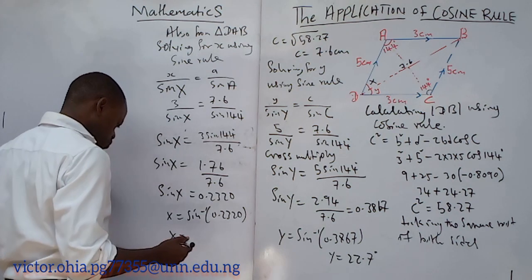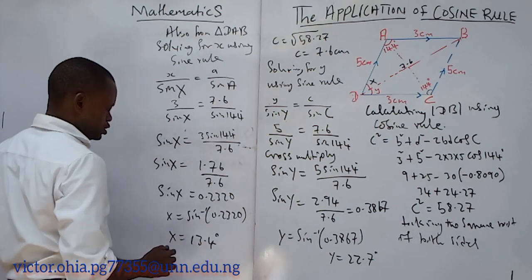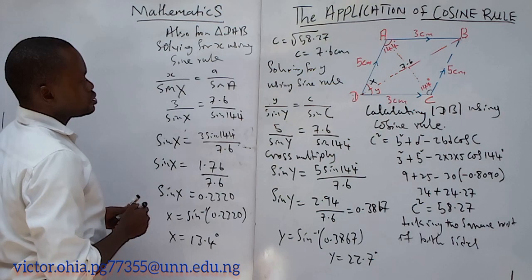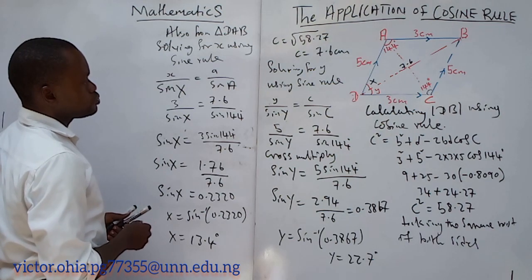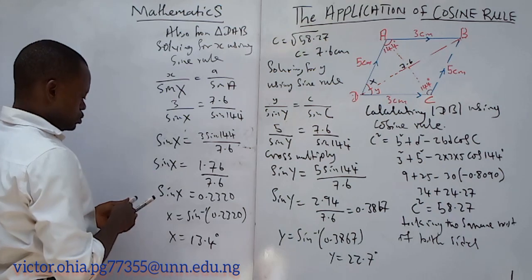So that gave us 13.4 degrees. Can you see that we've been able to obtain these two angles that make up D?